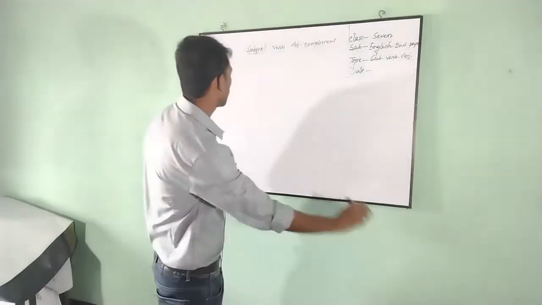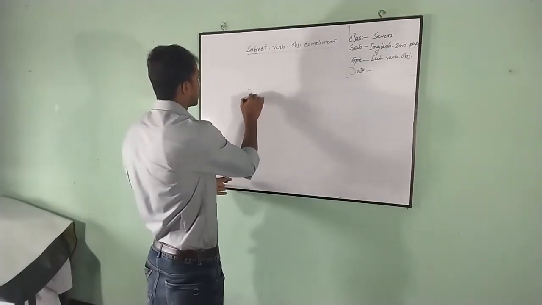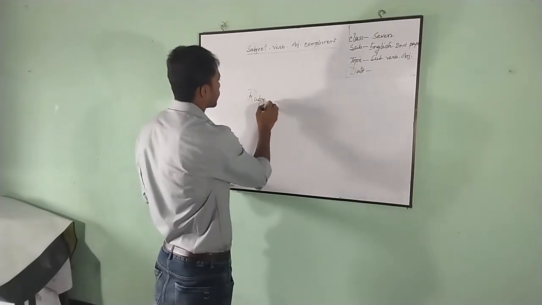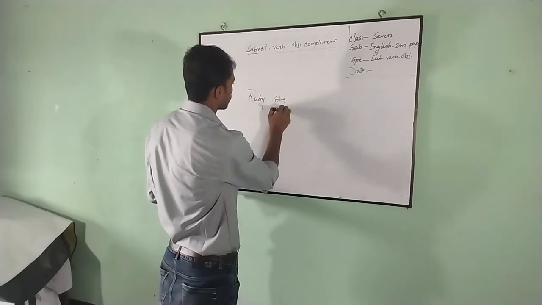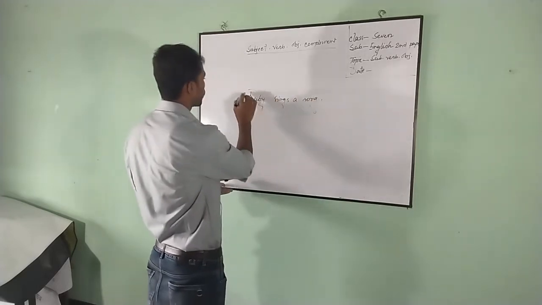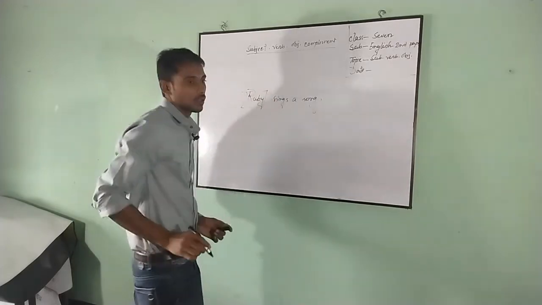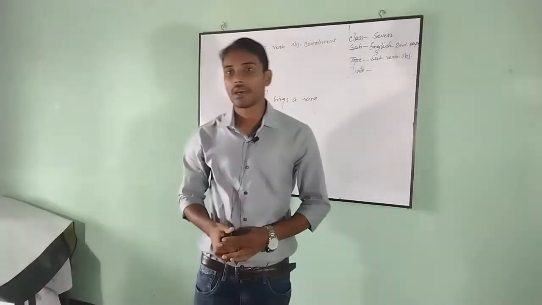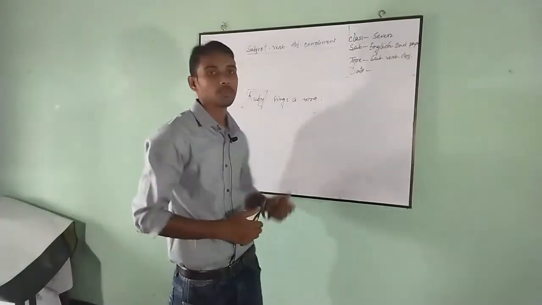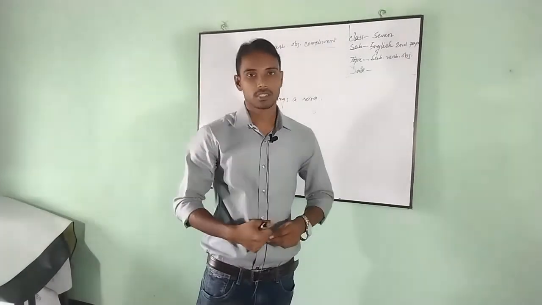Let's see an example. Ruby sings a song. Dear students, look at the board. Here, Ruby performs the action of the sentence. So, Ruby here is a subject.